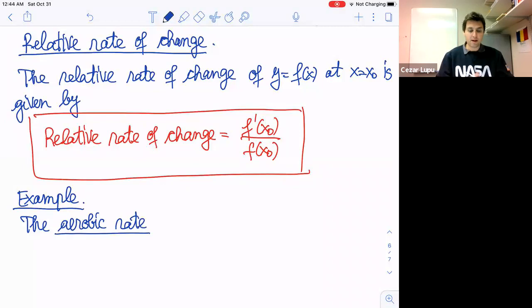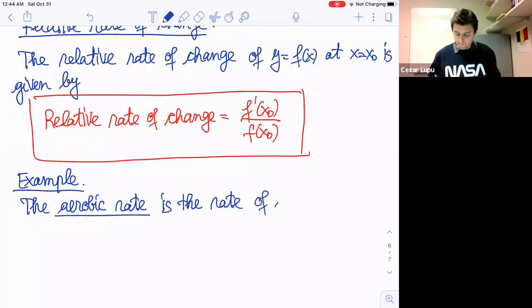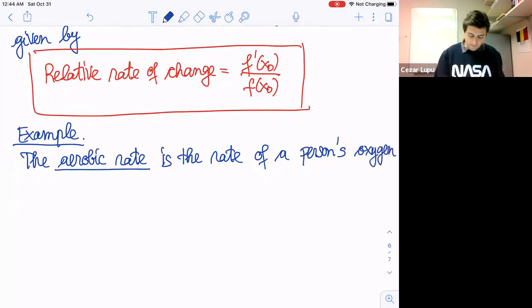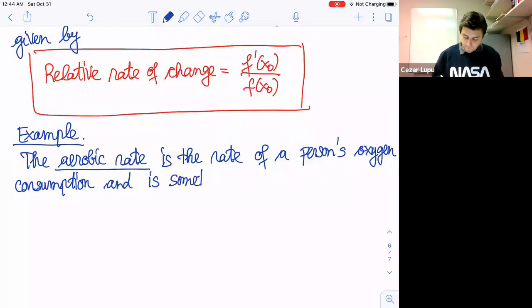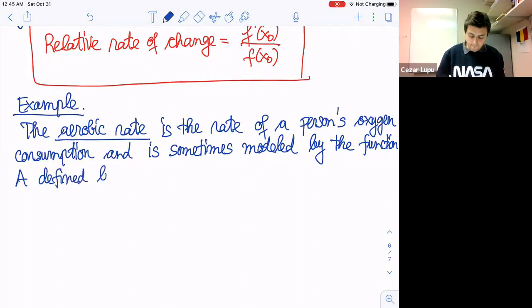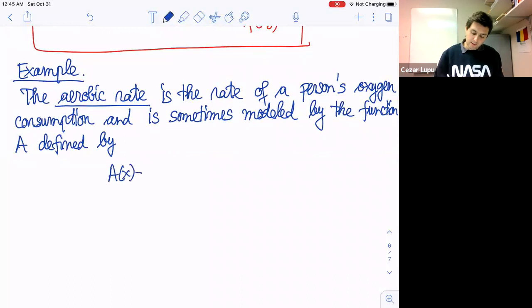So let's define the aerobic rate as the rate of a person's oxygen consumption, and it is sometimes modeled by the function A defined by A of x equals 110 times ln of x minus 2 over x.